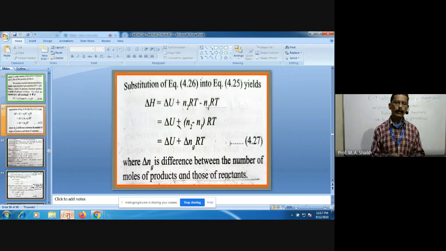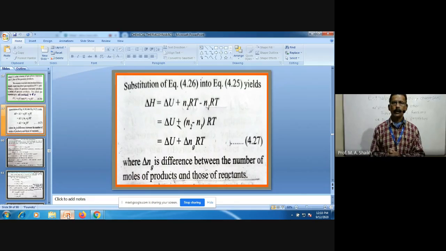It is not given on the slide or even in the textbook, but here N2 is the number of moles of gaseous products and N1 is the number of moles of gaseous reactants. And the gaseous state we have shown by using the subscript G. So what is the relation between delta H and delta U when the chemical reaction is a gaseous chemical reaction, or when our system is a gaseous chemical reaction? At that time the relation is delta H is equal to delta U plus delta Ng into RT.